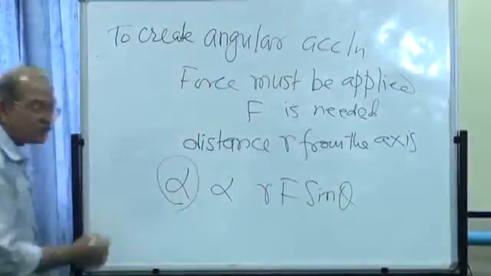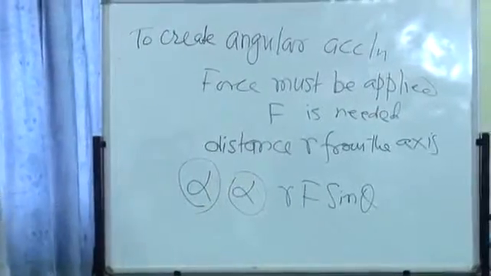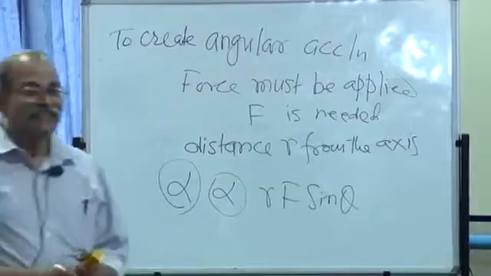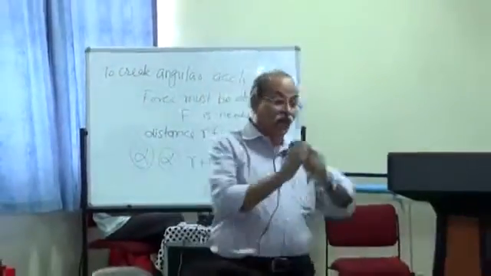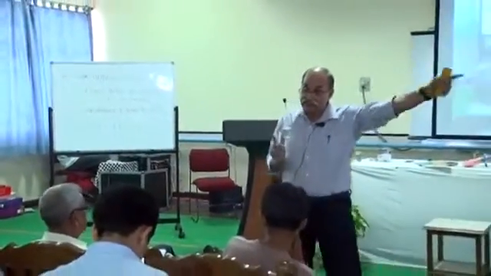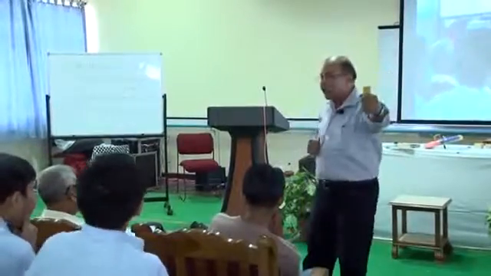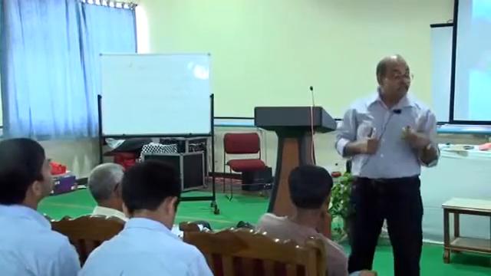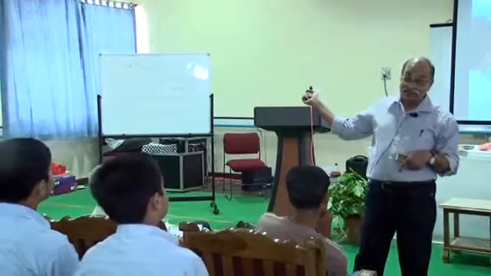Alpha is directly proportional to r. If you go away, the acceleration is more. Proportional to F: if you apply a harder force, it's more. Then it is proportional to sine theta. Why sine theta? It depends on how I define theta.